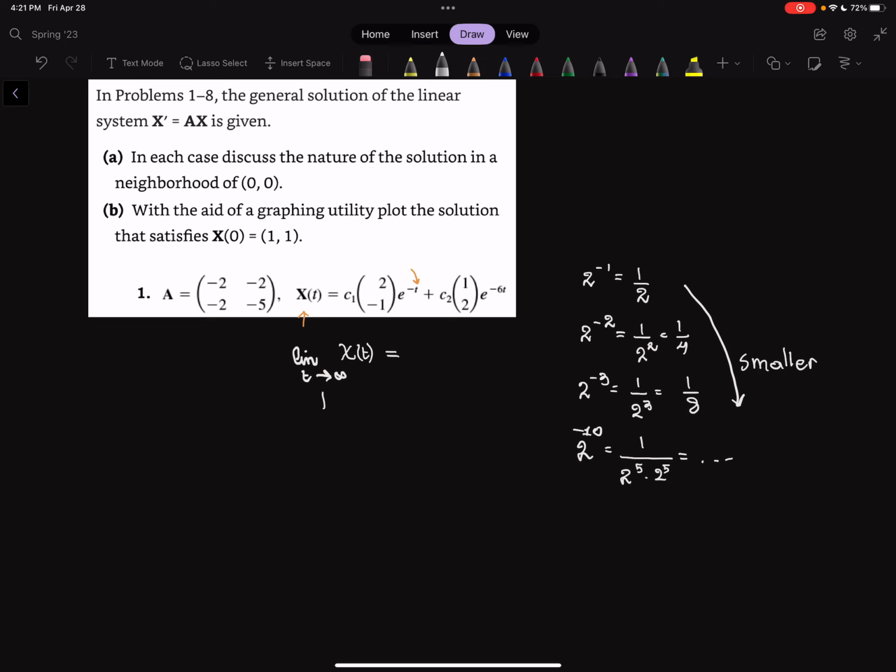And if I look at the limit as t goes to infinity, because there's a negative in front of that t, then we're approaching 0 for this number. And for this number, we're also approaching 0. So eventually, we're approaching the point 0, 0.